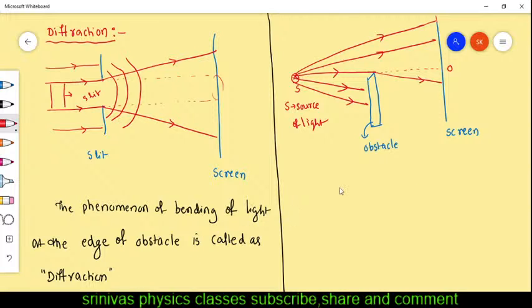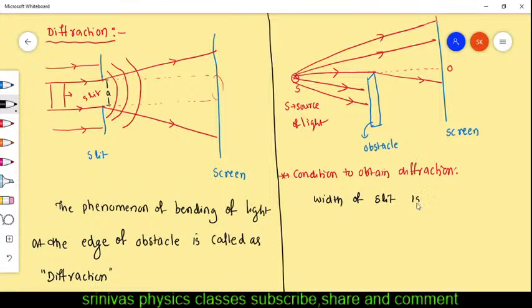What is the condition to get diffraction? The condition to obtain diffraction is that the slit width, the width of the slit, which we can take as a, is comparable with the wavelength of light.